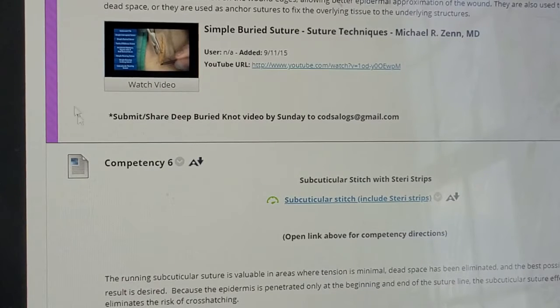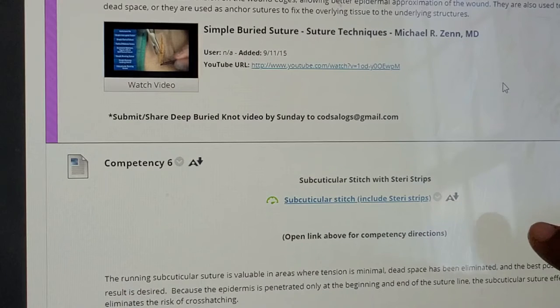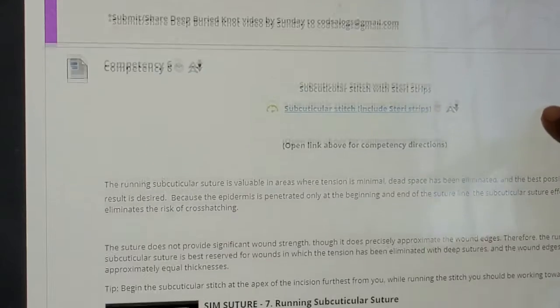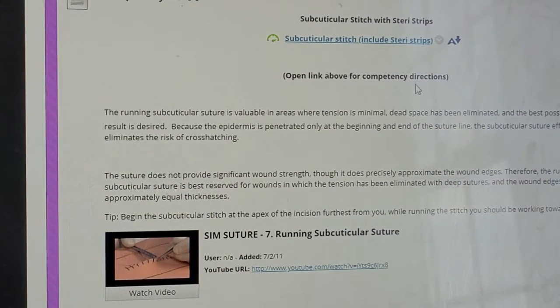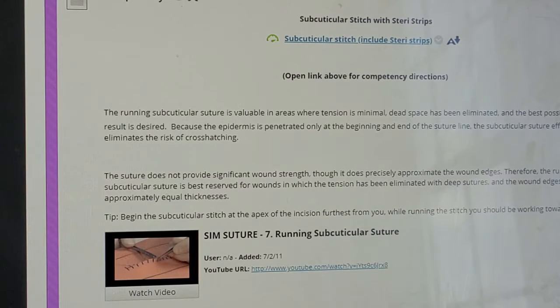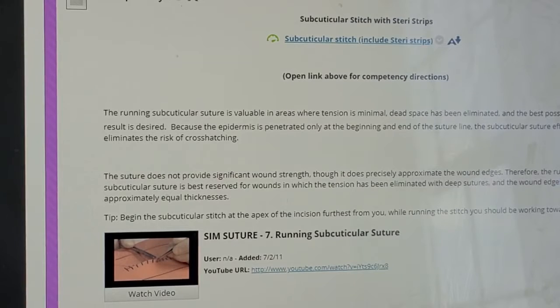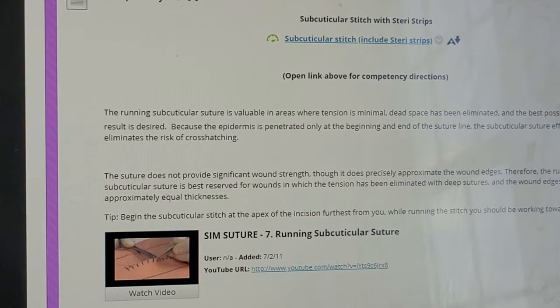So here is the video that we looked over during lab, and I will also be sending you a playlist of the videos via text. And here is your competency for the subcuticular stitch. For the morning session, we were not able to go over the steri strips, so please go over placement of steri strips.